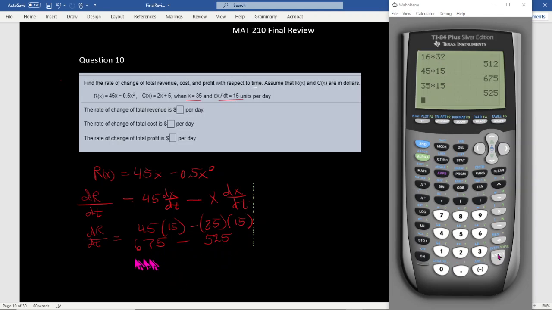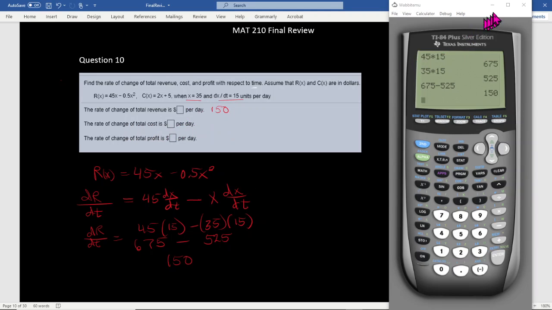And then we can subtract those two, that's going to be 150. Since it's a test, we like to just double check. Exactly. And so the rate of change of total revenue is 150 per day. It goes into the box.